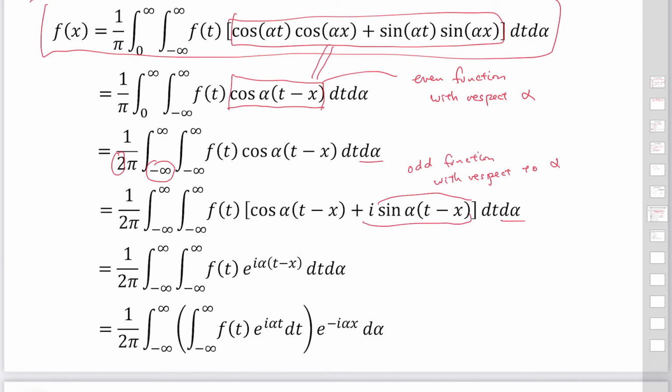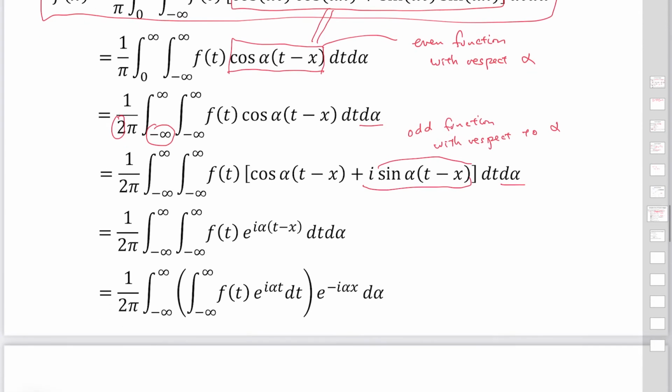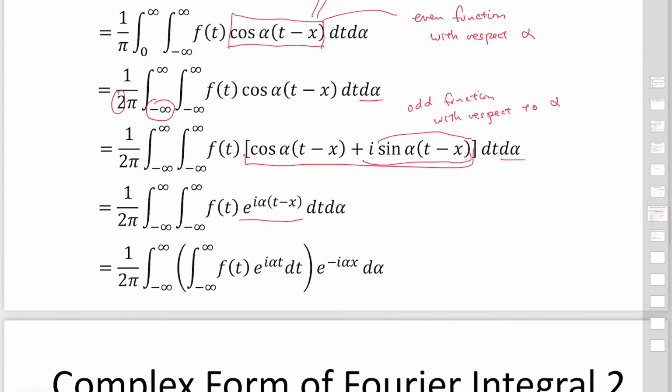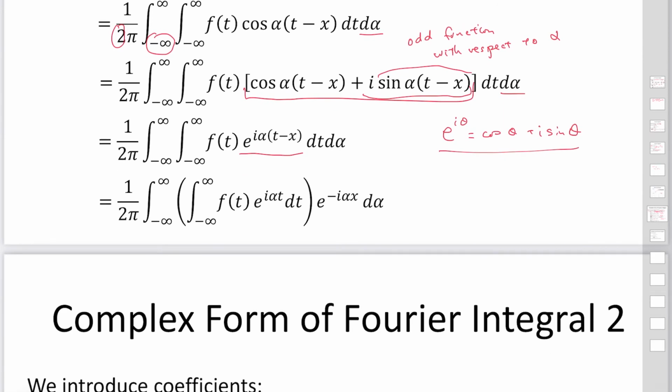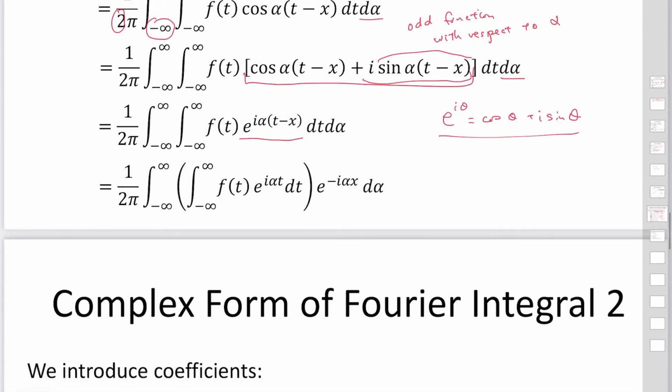Then we use Euler's formula to combine the cosine function and the sine function to express the exponential of i alpha (t minus x). Then this final expression is expressed with the integral with respect to t and the integral with respect to alpha.